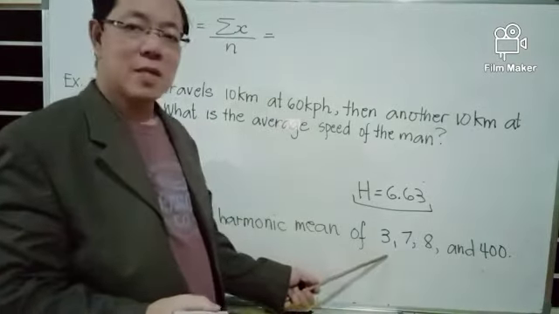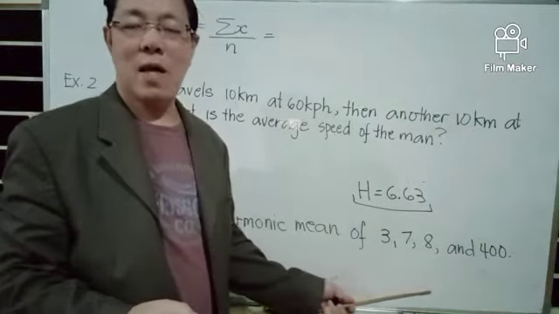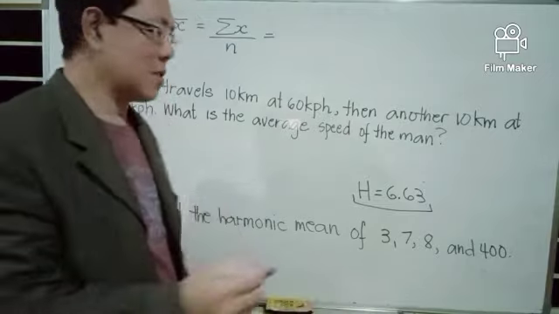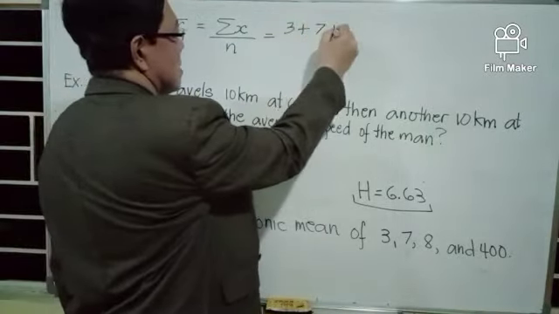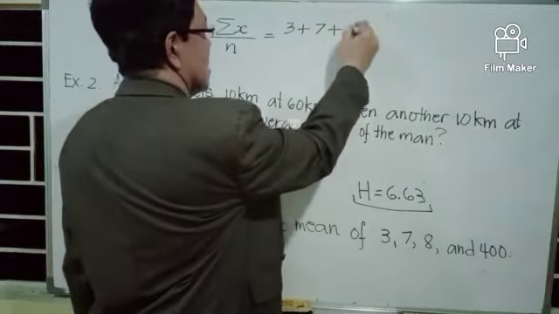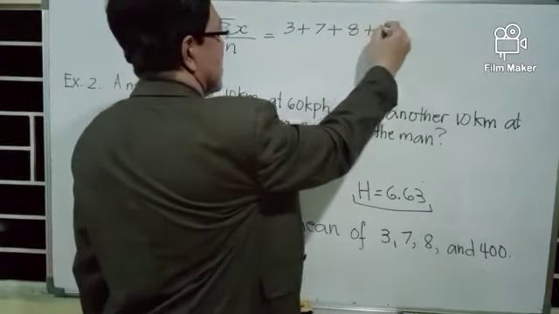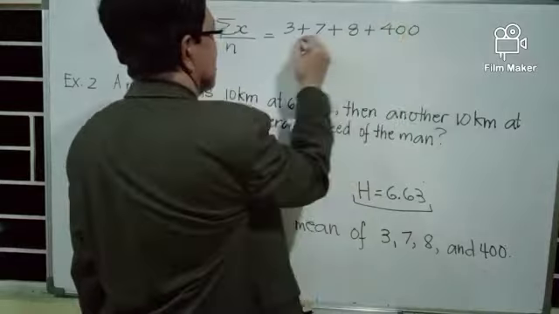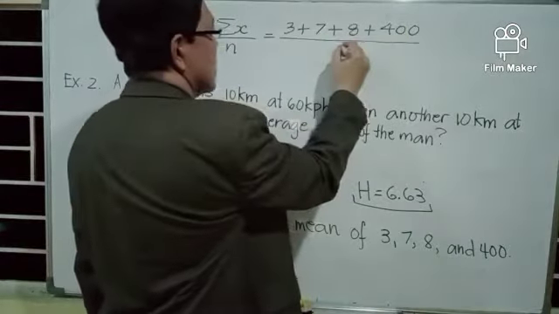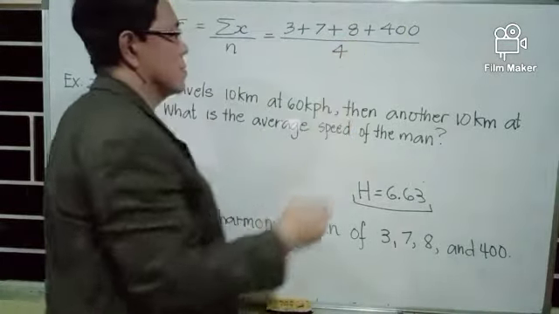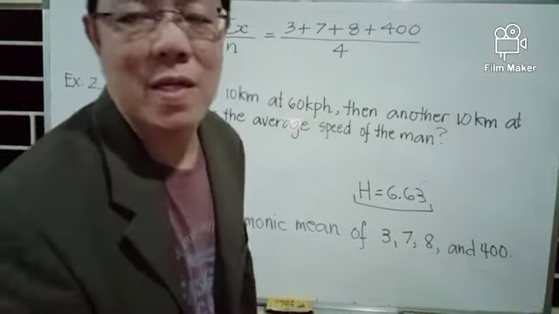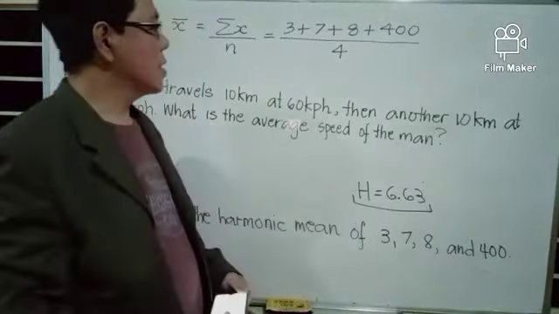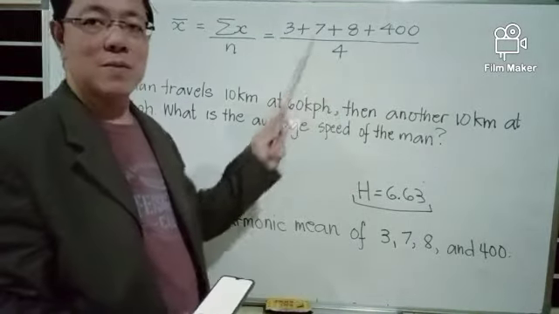The values are 3, 7, 8, 400, and we add these 4 numbers: 3 plus 7 plus 8 plus 400 all over 4. And we use again our calculator to find this value.